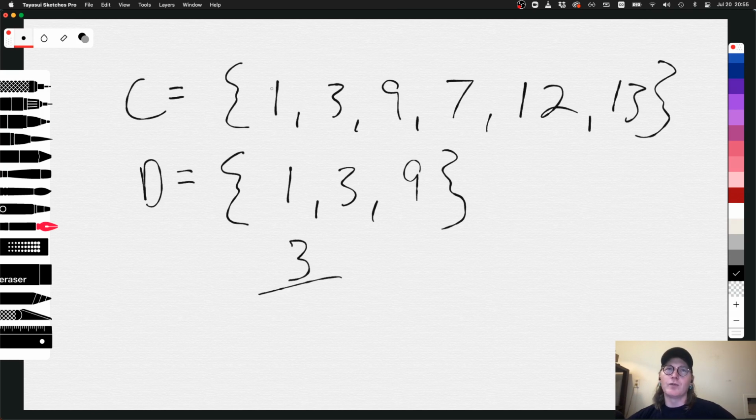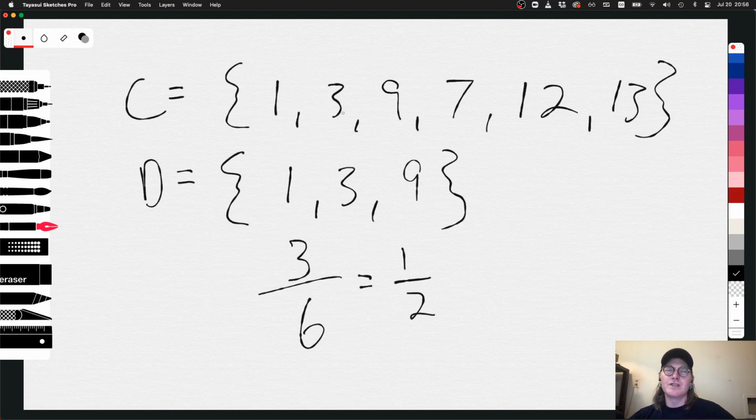That's going to be 3 over 6. Notice we're making some assumptions here. Every one of these events is equally likely: 1, 3, 9, 7, 12, 13. We need to state that explicitly. And for D, 1, 3, or 9 is equally likely.